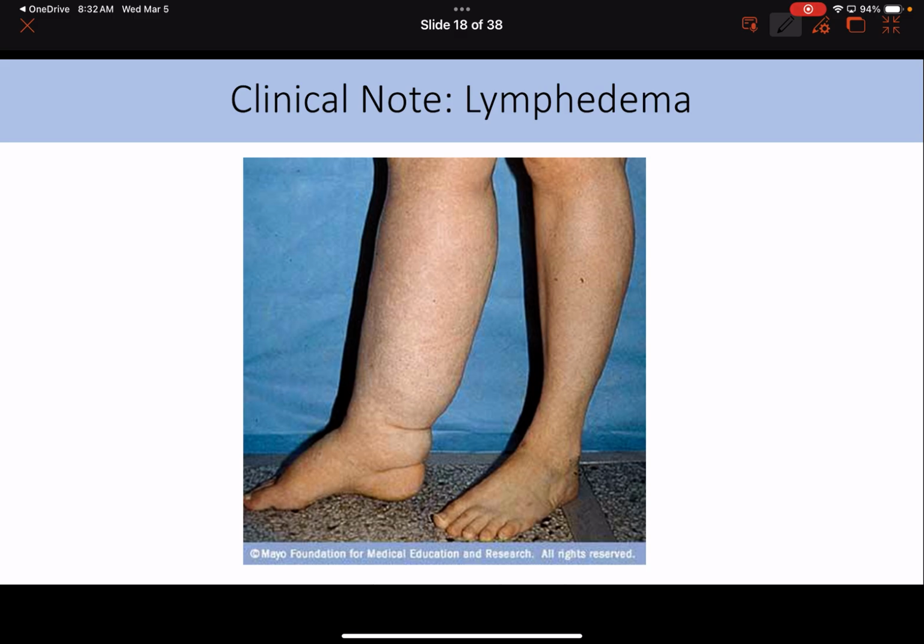Okay, so lymphedema, another clinical note. This can happen due to a few different things. Lymphedema is a swelling because of excess fluid that your lymphatic system was not able to pick up. So this could be because of a blockage of lymphatic vessels.